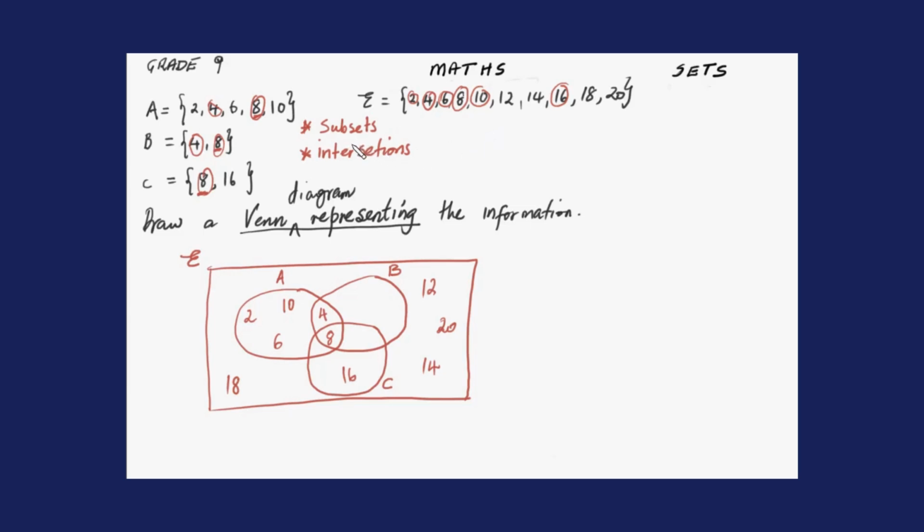Now, number two, look at the subsets and the intersections. You have seen that we started with 8, putting 8 into our Venn diagram. Why did we do that? Because we had realized that 8 is common amongst these 3 sets. This realization also led us to knowing how we are going to draw the 3 sets inside this Venn diagram.